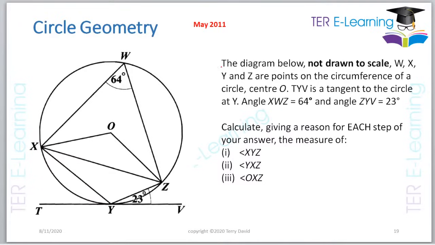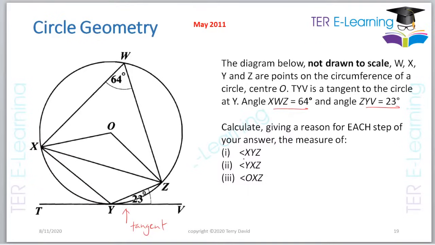So again, they give you a diagram here, and they said that W, X, Y, and Z are points on the circumference. So once they say they are points on the circumference, you know they're forming a cyclic quadrilateral, right? And they're telling us that TYV, so this line here, is a tangent, right? And they give us 2 angles. So this gives us 64 and they give us 23.